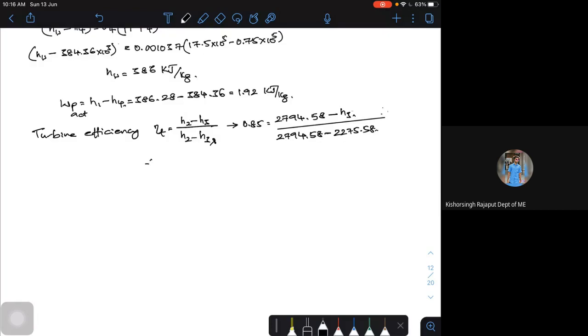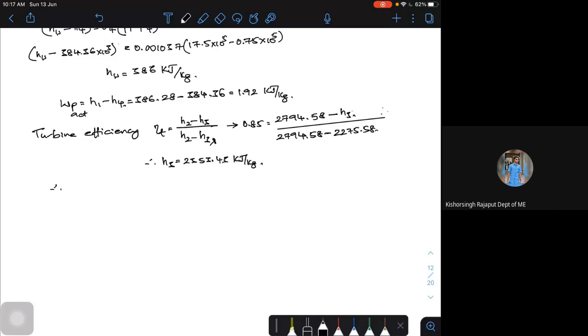So therefore, I need to get the actual enthalpy at this particular point. 2794.58 minus 2275.58 into 0.85, then minus 2794.58. This is 2353.43 kilojoules per kg.